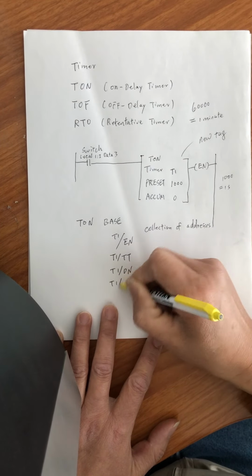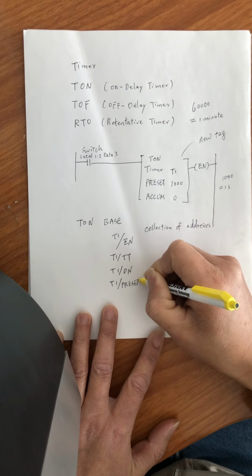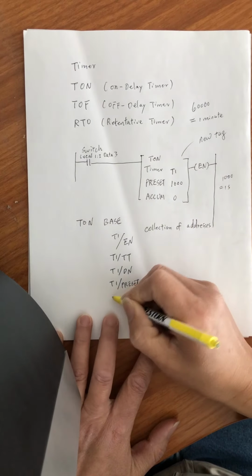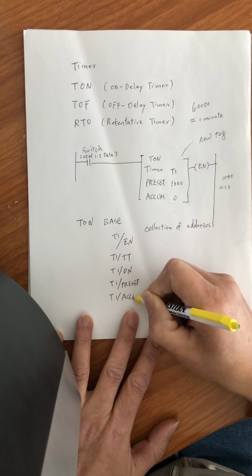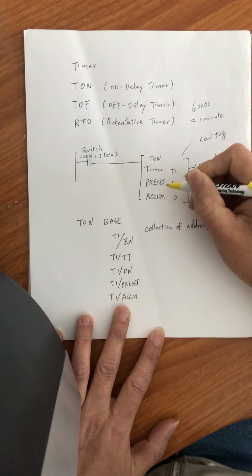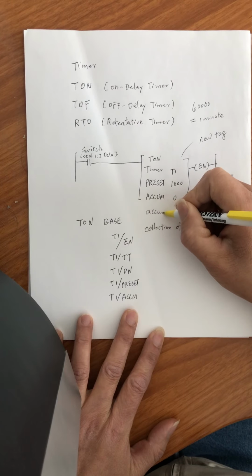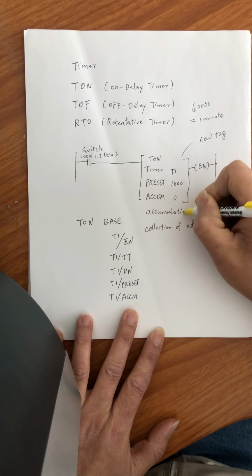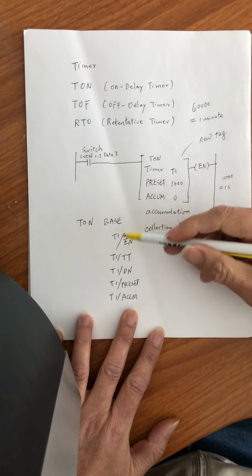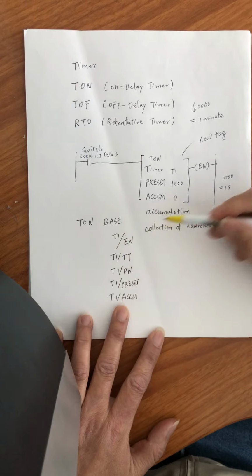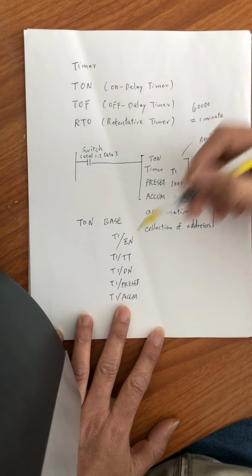You have T1.PRE, the preset. And you have T1.ACC, accum, which stands for accumulation. That's accumulation of time. So you can see I already wrote 5 addresses associated with this T1 timer.